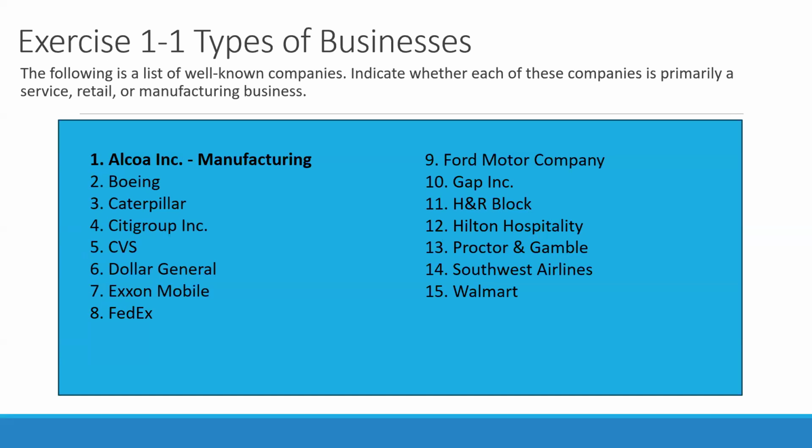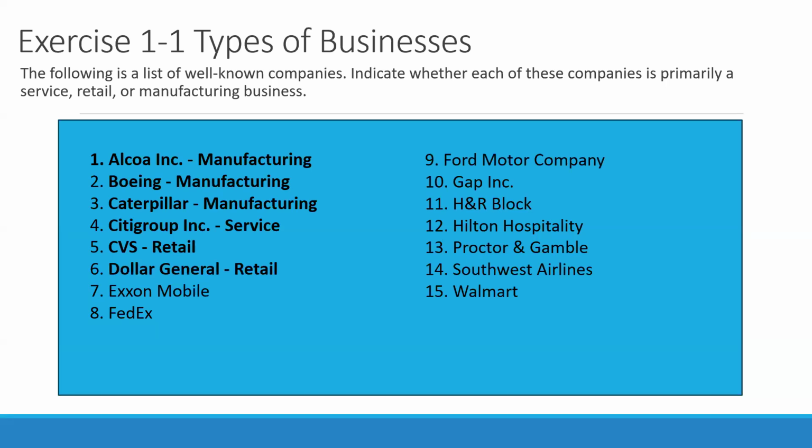So we can go over a number of businesses and determine what type of business they are. Alcoa is an aluminum manufacturing company, so they're manufacturing. Boeing, what would Boeing be? Yep. Caterpillar. Yep. Citigroup. Yep. CVS. Dollar General. ExxonMobil.